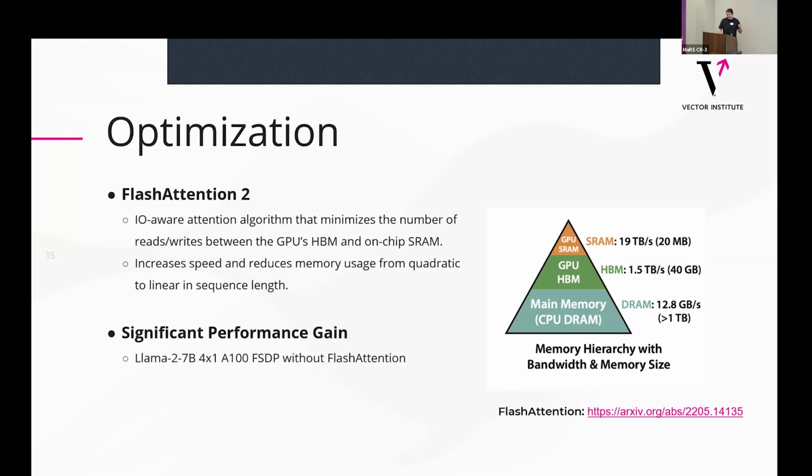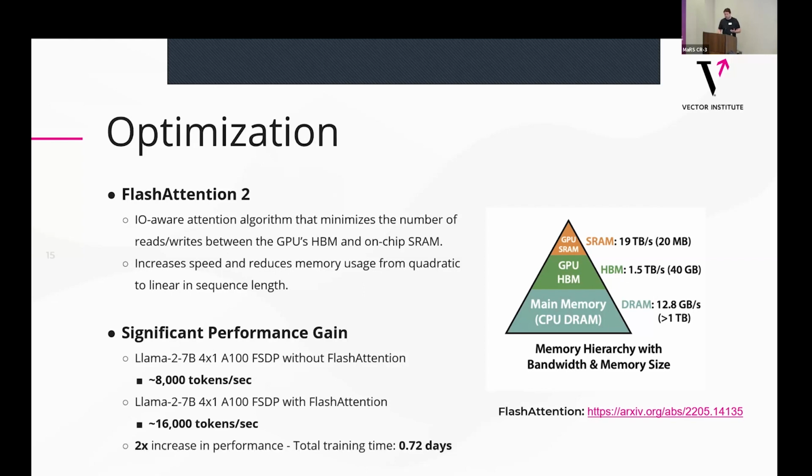Comparing that to the run without flash attention, again on one node of A100s, we're at about 8,000 tokens per second. Implementing flash attention, we jump up to about 16,000 tokens per second. That's a 2x increase in performance, bringing total training time down to under a day, about 0.7 days per epoch.